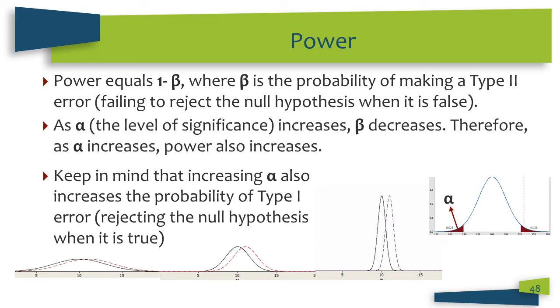Obviously you cannot do that, because as you increase alpha, your chances of making type 1 error increase as well. So just to refresh what alpha is, if you look at the diagram at the right side of this slide, the red part of this normal curve, that is the alpha.